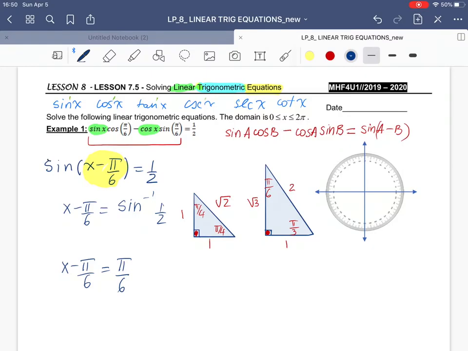Taking another look at our diagram here, I'm going to draw first the angle that I just found. And I'm going to try to draw a perfect line here. See if I can do it. Yeah, not bad. And we're going to draw the second angle that shares the same sine ratio. You remember that for the second angle, since it is sine, we reflect the terminal arm around the y-axis.